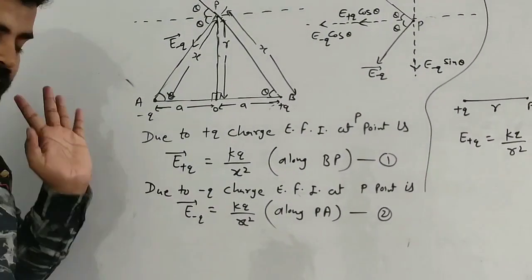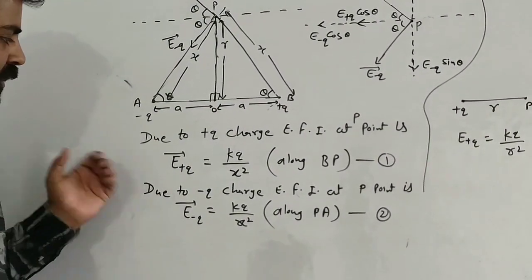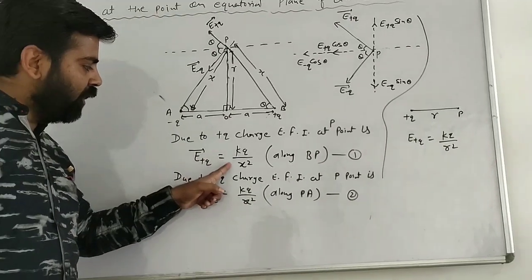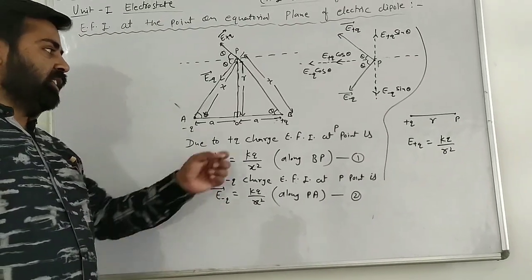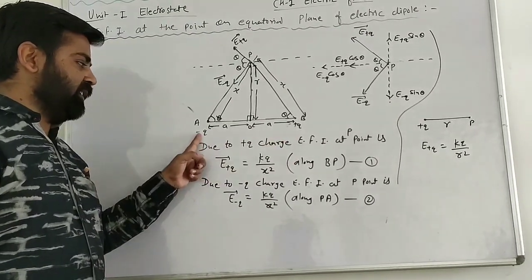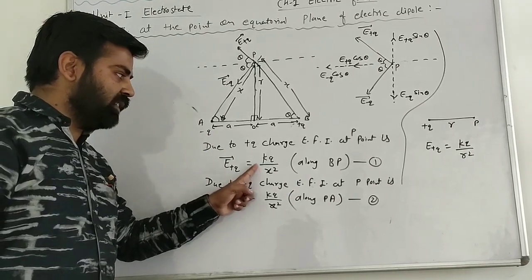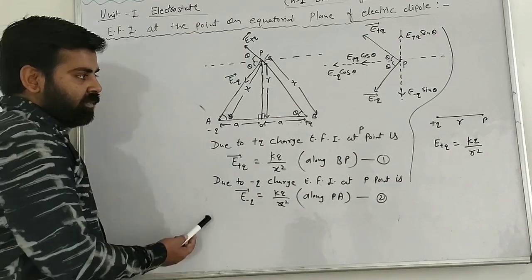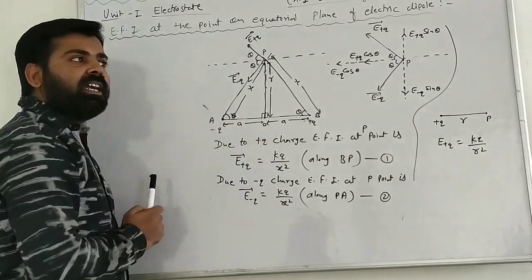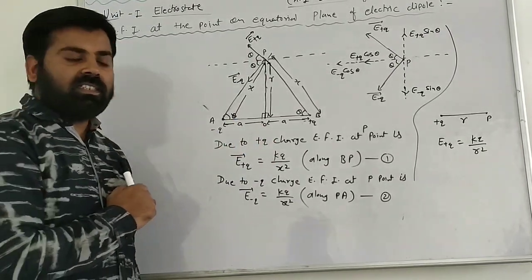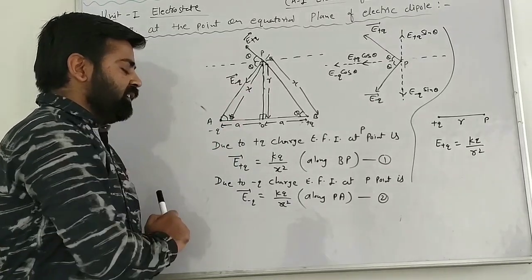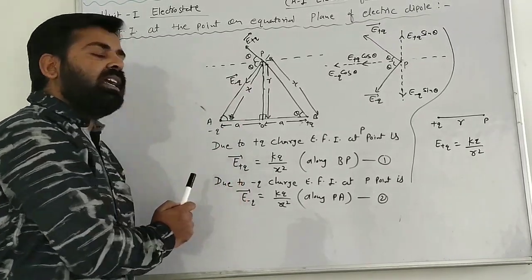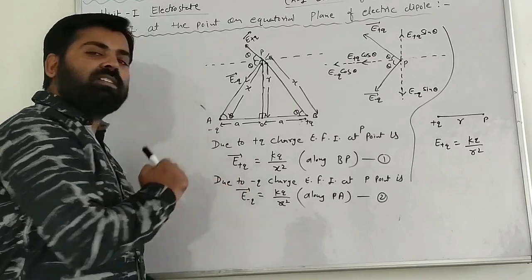From equation first and second, it is concluded that the magnitude of electric field intensity due to plus q charge and minus q charge is equal, and this magnitude is kq upon x square. Due to plus q charge and due to minus q charge, the electric field intensity at point P has the same magnitude, kq upon x square.